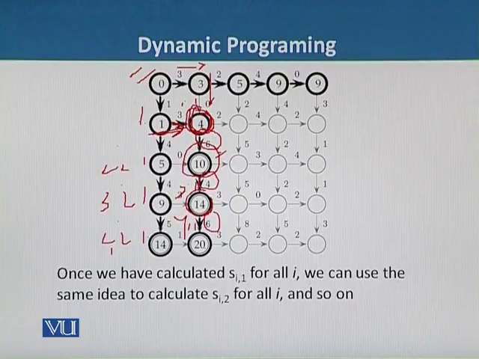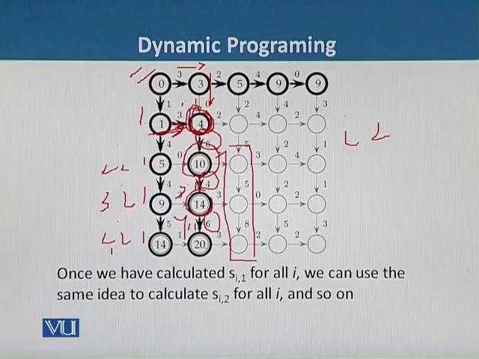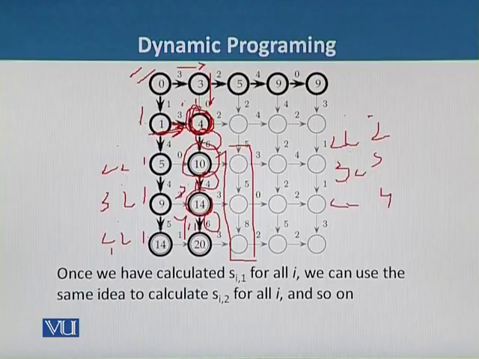Similarly, we can calculate the value of i2, and for i2 we can calculate the value of these points, meaning i3, i4 and so on. For this we will replace the value of i with 2, 3 and 4.